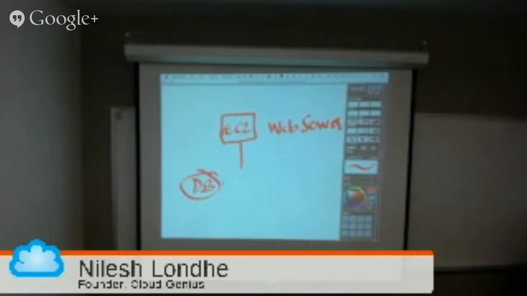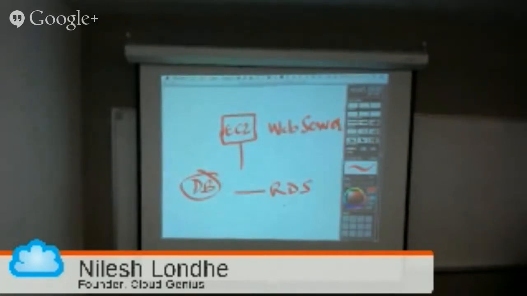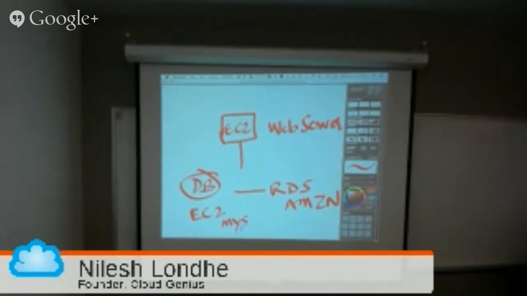And this can be either a machine on its own, or it can be your RDS from Amazon, or it can be another computer with an EC2 instance running MySQL. So that's the kind of infrastructure you would have at the bare minimum. Actually, even bare minimum can be put all of these together in one box. That will be the bare minimum.